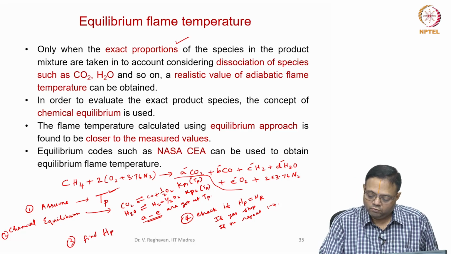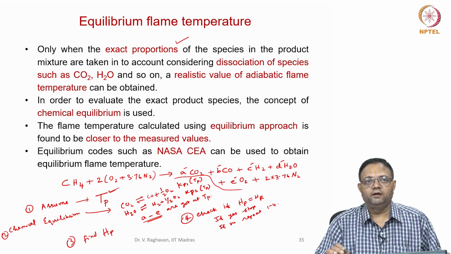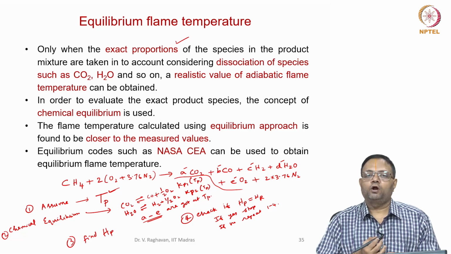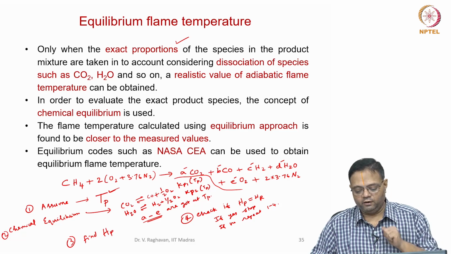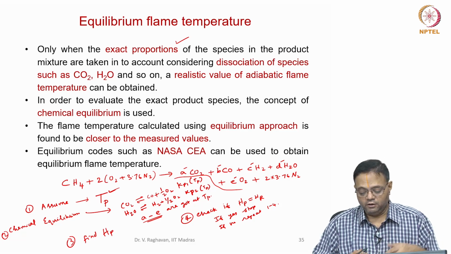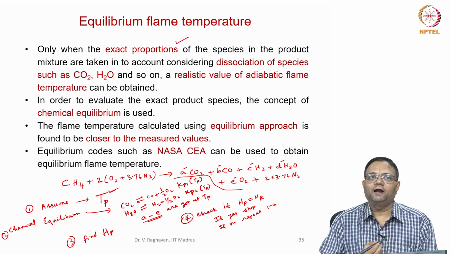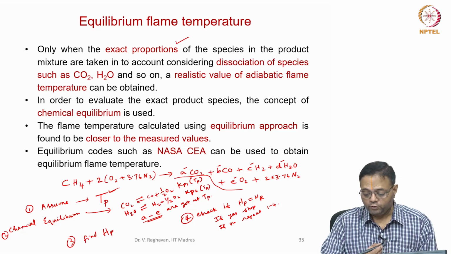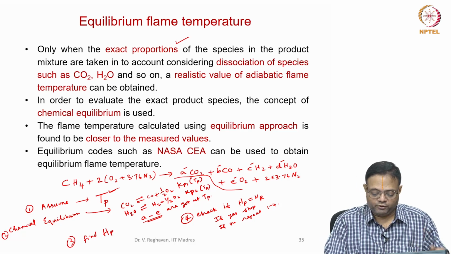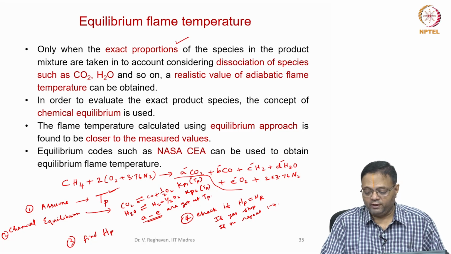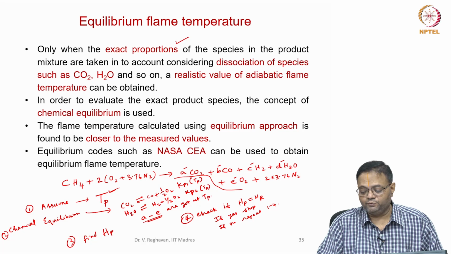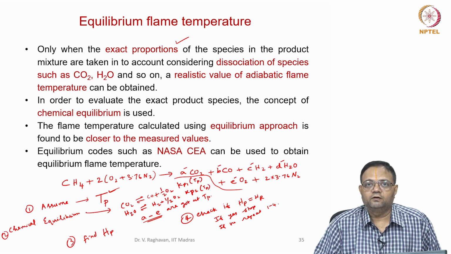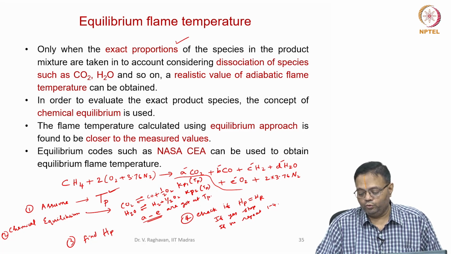Next, find the values of A, B, C, D, E by solving a set of nonlinear equations, because 3 atom balance equations plus 2 nonlinear Kp equations will result. Solve these to get A, B, C, D, E at the value of Tp. Now calculate Hp, because A, B, C, D, E are known, and check whether Hp equals Hr. If they are same, then no issue.